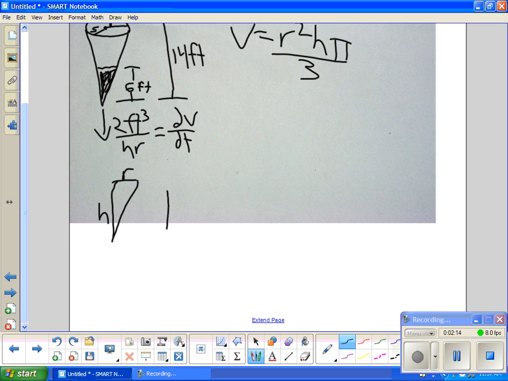So you will see that 5 over 14 is the same as the triangle for a height of 6.